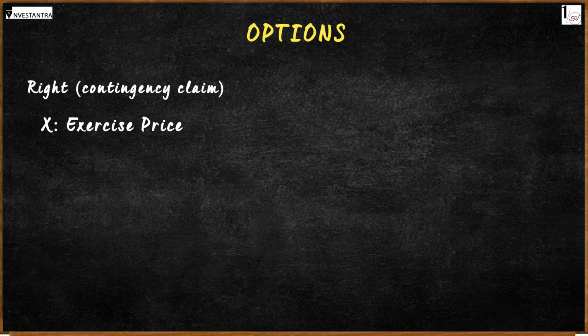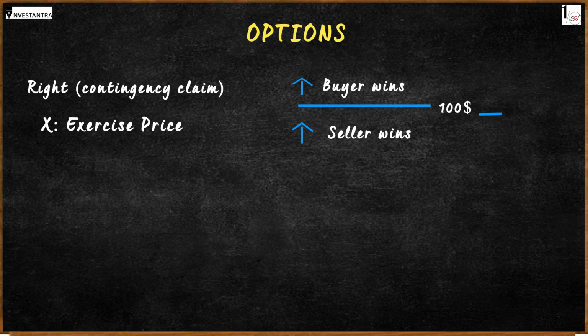So when I'm saying that if something crosses a particular level, let's say $100, and I'm saying that if it crosses this, then I win. If it stays till here, then you win. So if you notice, there are 2 levels that you're playing with over here.